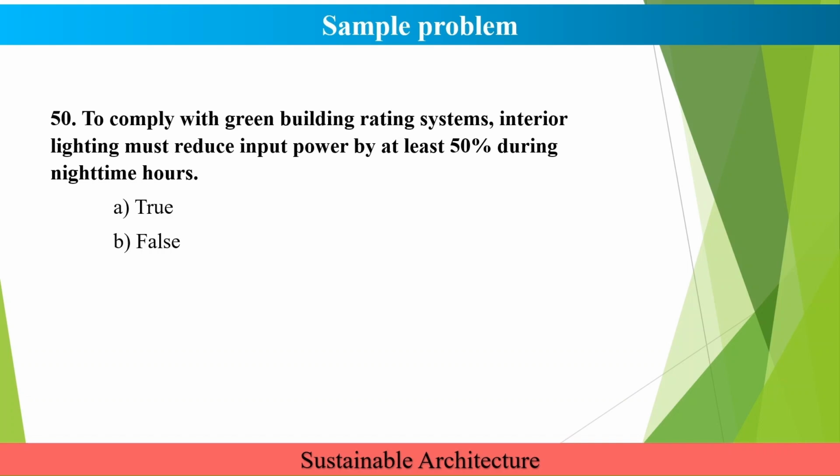To comply with the green building rating systems, interior lighting must reduce input power by at least 50% during nighttime hours. Is it true? Question is clear? Yes, sir, it's false.